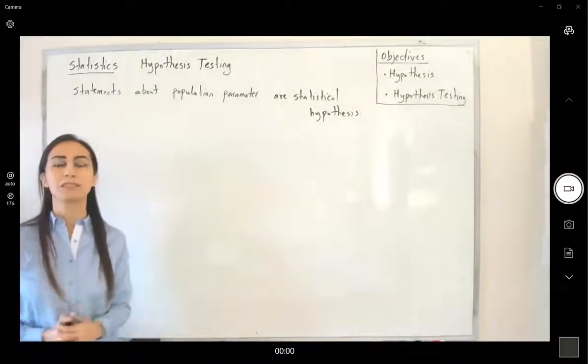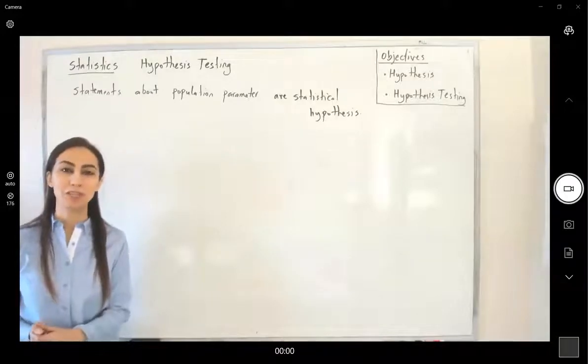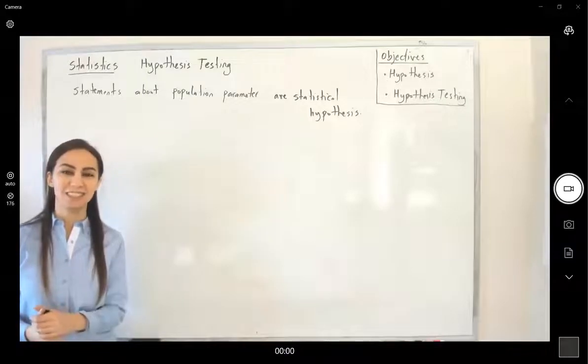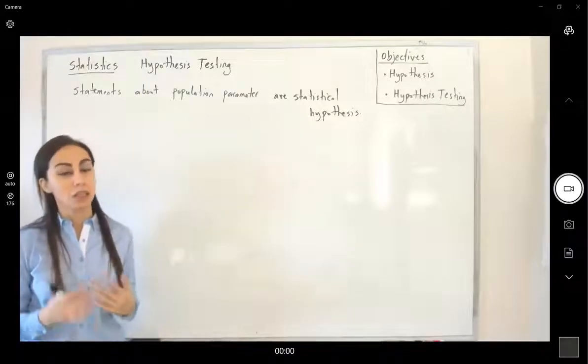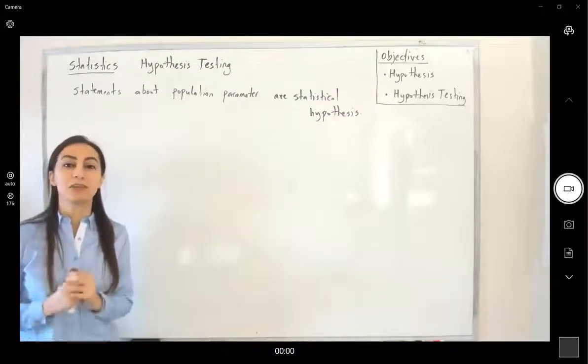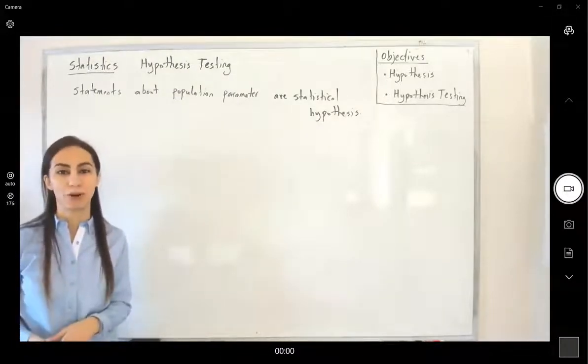We make a statement about a population parameter. If it includes equality, equal to, less than or equal to, greater than or equal to, it means that you're dealing with a null hypothesis.